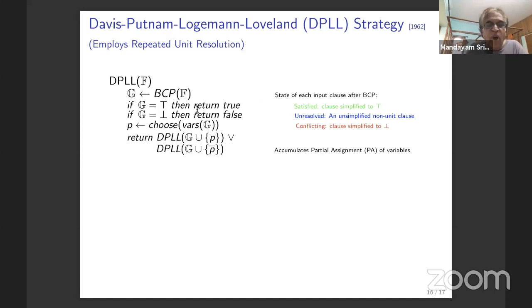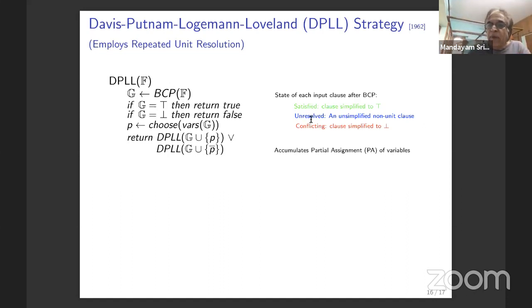I dwelt too long on the previous slide. So at the end of BCP, I hope you understand what BCP is. It's just looking at the unit clauses and plugging in the appropriate values to make them true in the rest of the clauses. At the end of it, if it doesn't simplify to true or false, obviously there are no more unit clauses in the original formula.